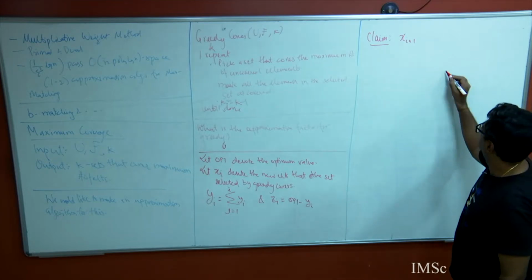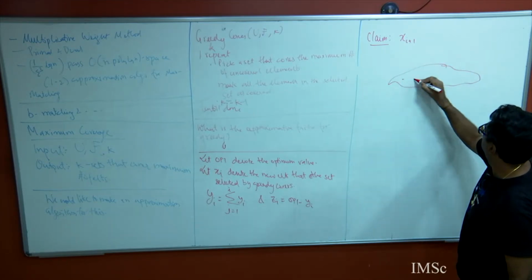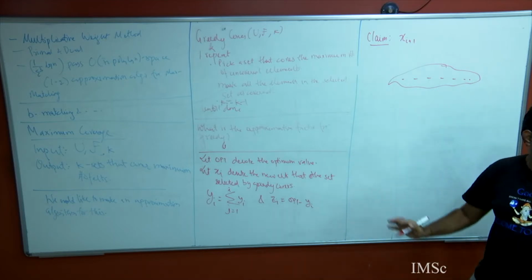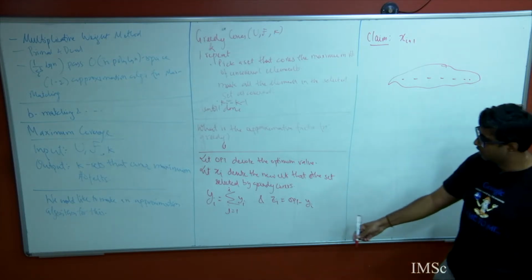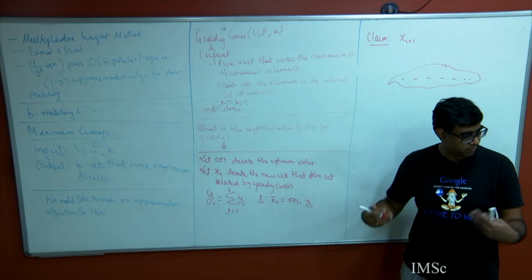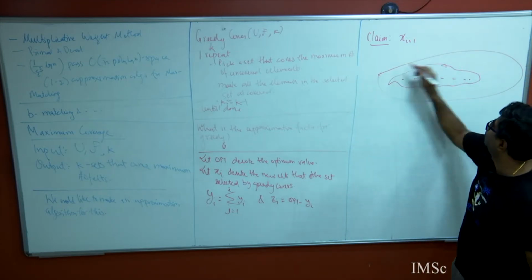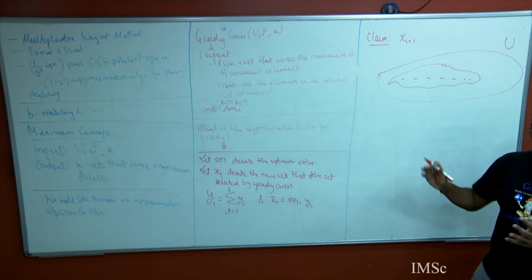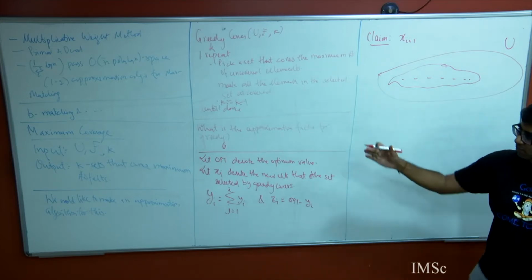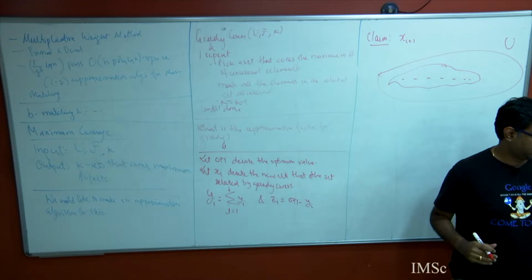Now, with respect to opt, we are not covering all elements. Your universe could be huge, and opt covers some fraction of elements because we are only allowed to pick k sets.